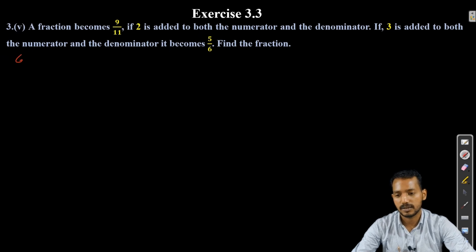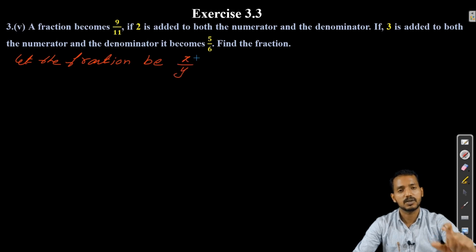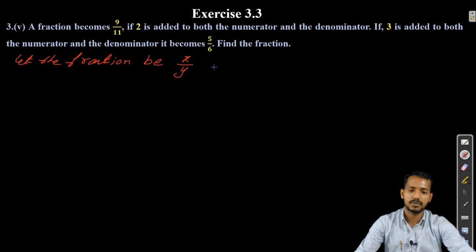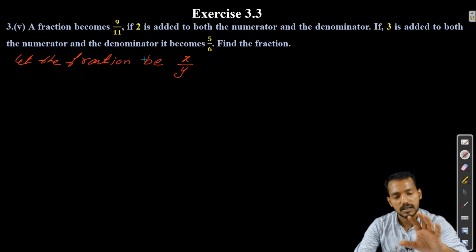Let the fraction be x by y. x is the numerator and y is the denominator, because these two are variables. We have to get both the numerator and denominator, then only we will get the entire fraction.